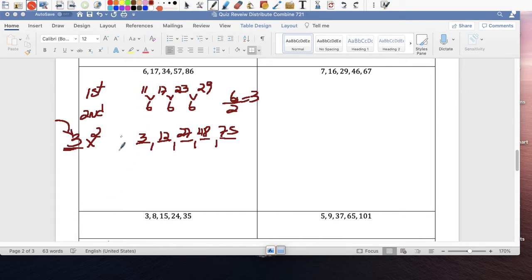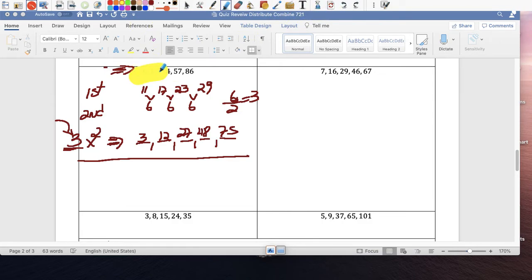Now what we want to do is remove this sequence from the original one. So we're going to take this and subtract it from that. Let me highlight the 2 lines I want you to subtract.